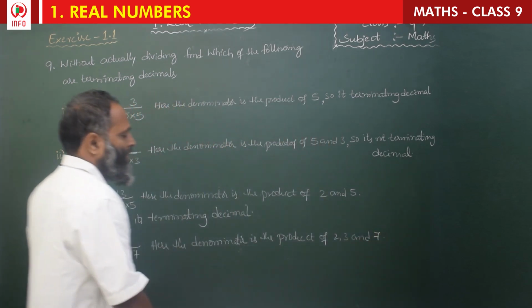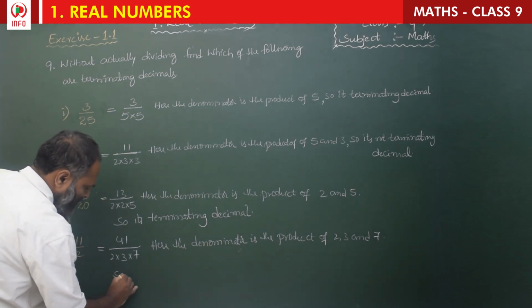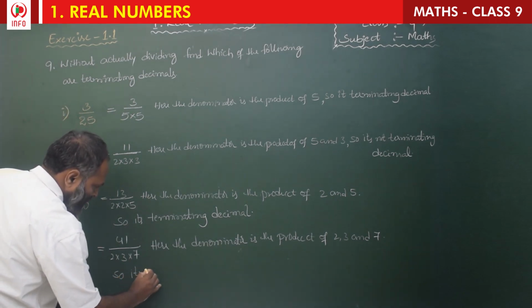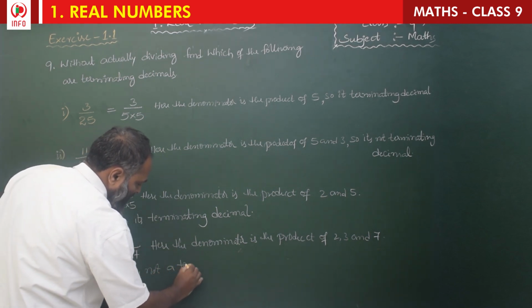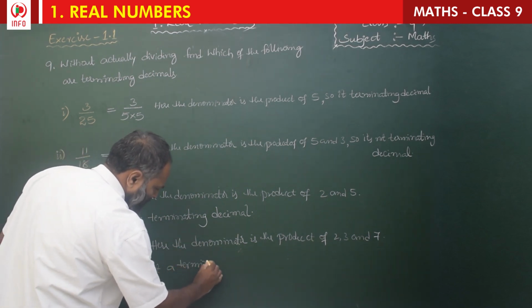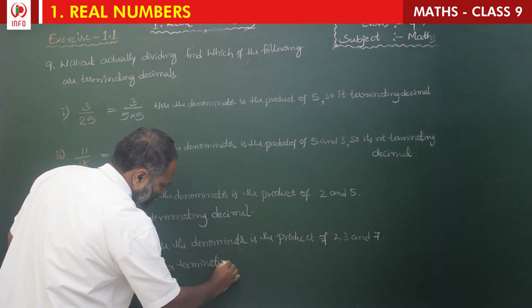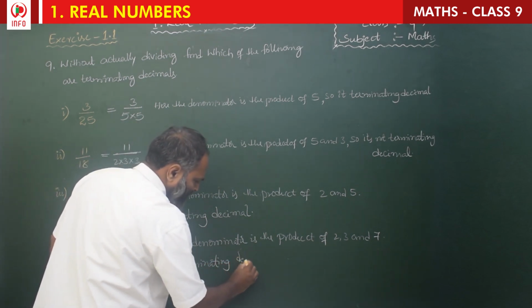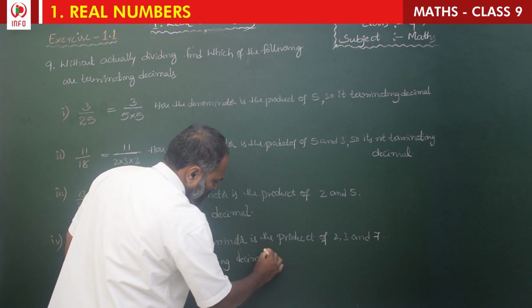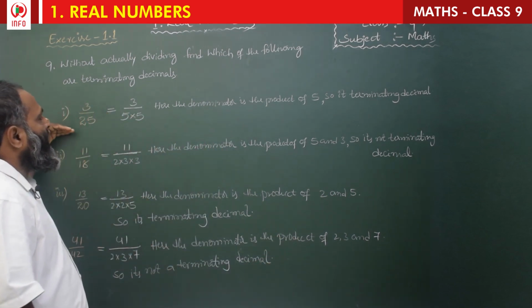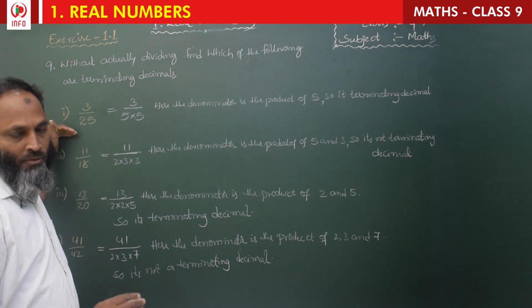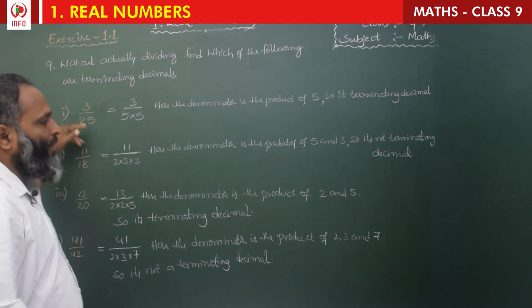So, it is not a terminating decimal. So, how can we say without doing a division? Just we split the denominator into prime factors.